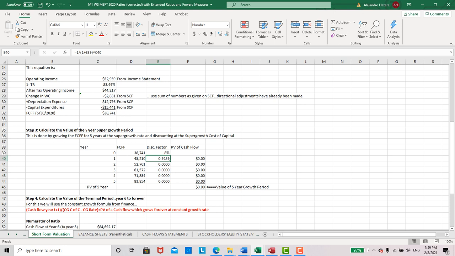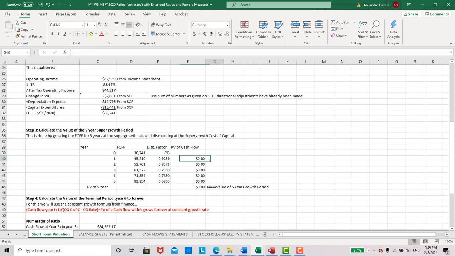Now we're going to use the same formula, but the years that we raise it to change, so C40 changes. But we have to put dollar signs by E39, because that 8% is going to stay the same. So we can just copy it down from there.